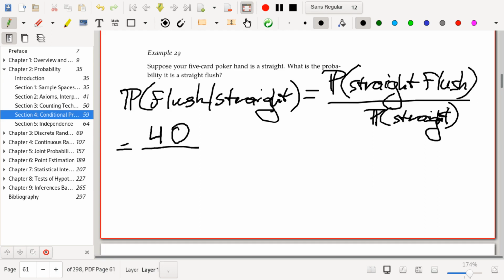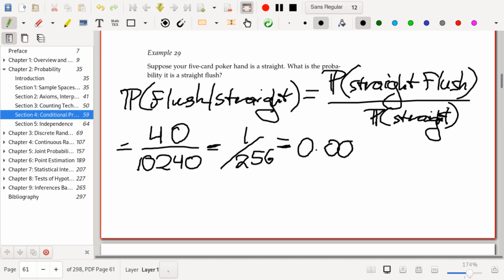We're going to have 40 on the top, that's the number of straight flush hands, plus 10,240 hands that correspond to quote unquote straights. We actually have a nice fraction for this, 1 over 256, which is equal to 0.004.